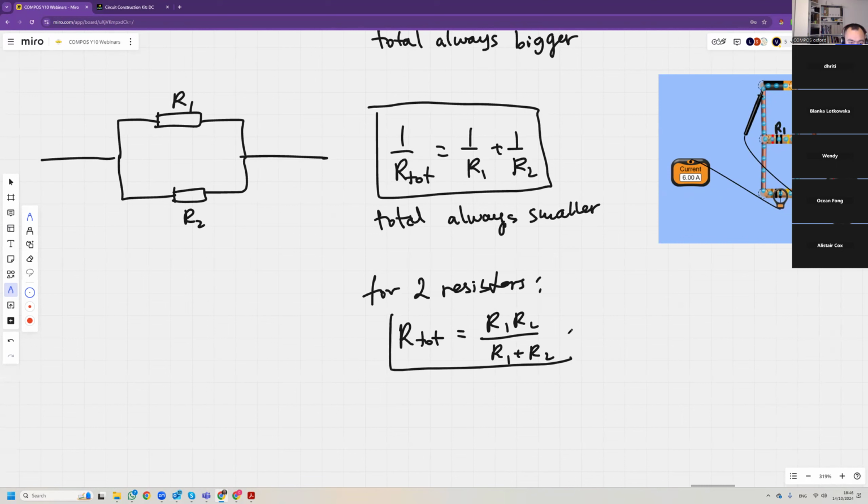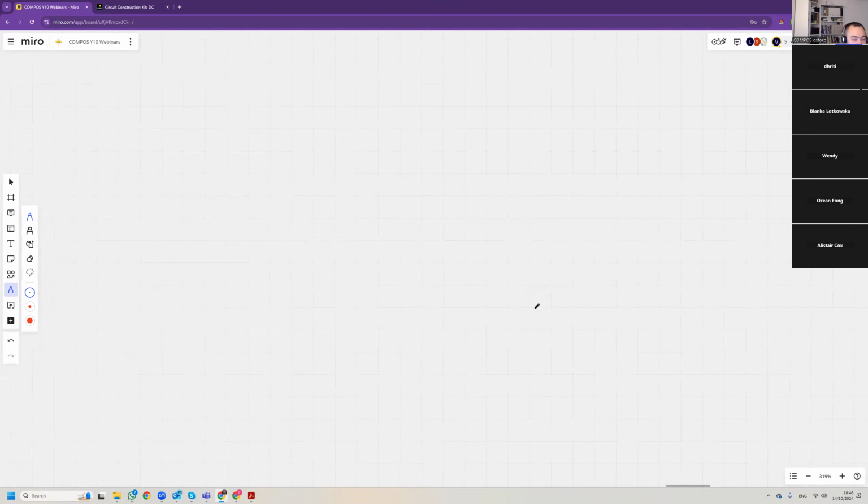This is just a rearrangement of the above formula. But it doesn't work for 3 resistors. This formula works for any number of resistors, but the bottom formula only works for 2. But it's still handy.